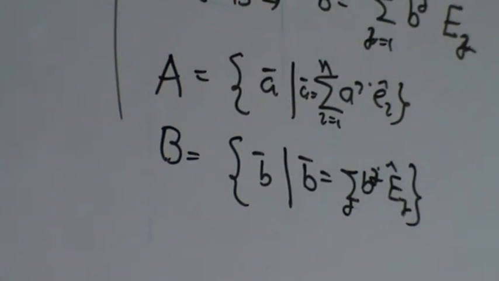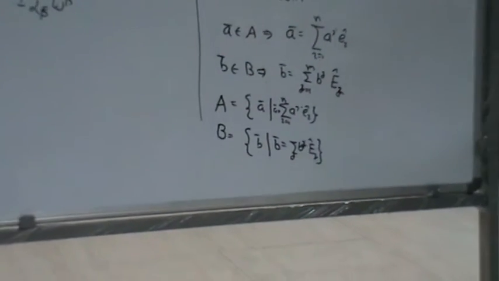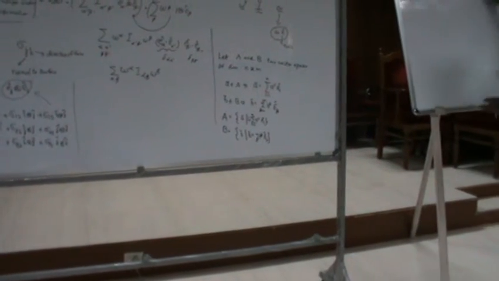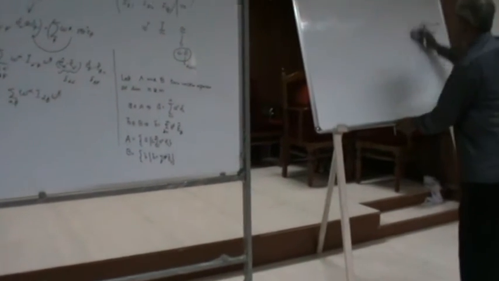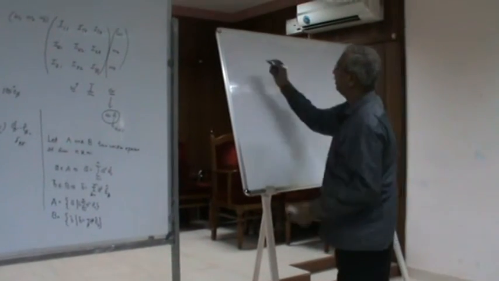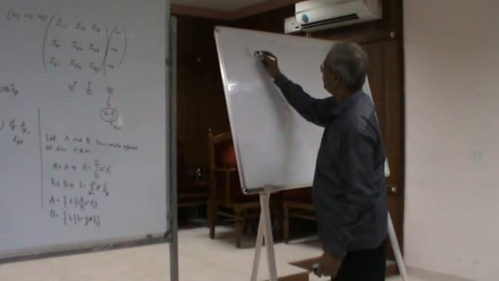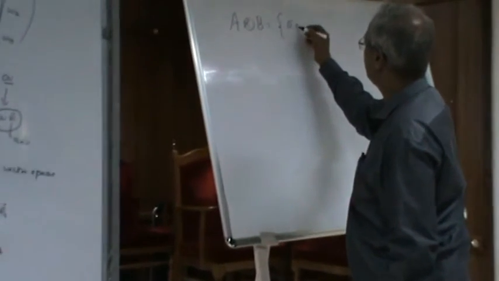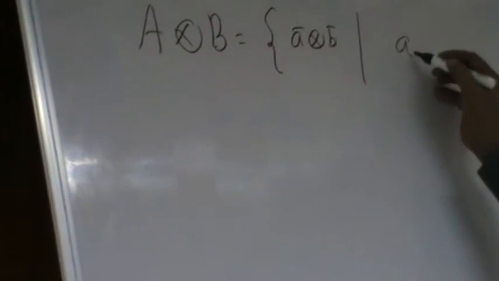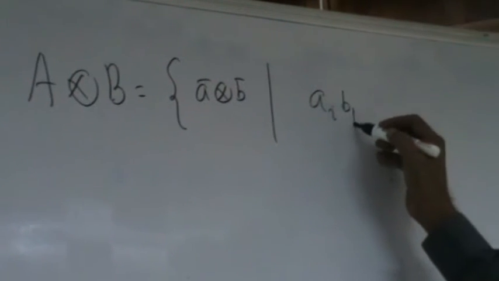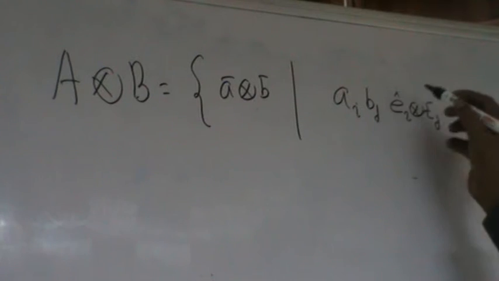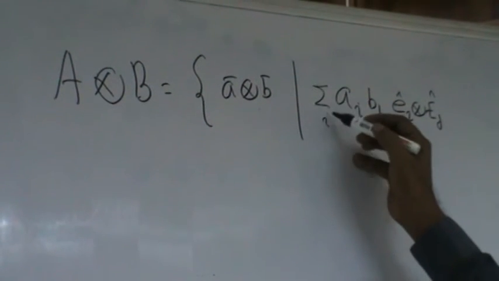Okay. Now I can have the product space, the tensor product space. So I will define it in this way, A tensor B. So these are vectors of the form a tensor b. So these are of the form basically a_i b_j, e_i tensor some f_j.